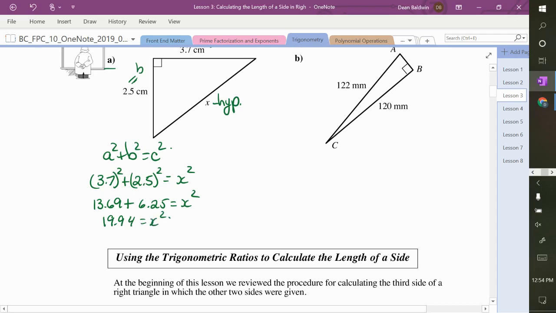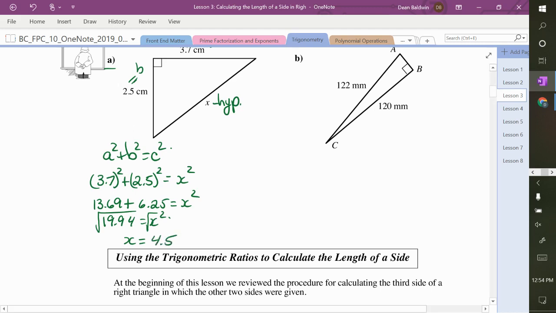How do you solve for X? You square root both sides. What's the square root of 19.94? 4.46. Let's round it to 4.5.